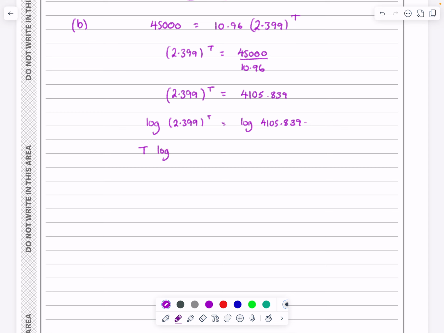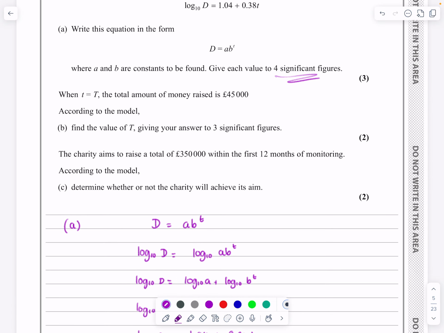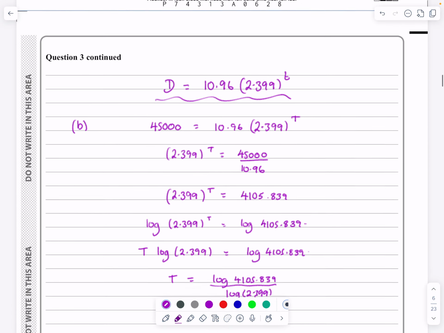So we get t log 2.399 is equal to log 4105.839. And so t is equal to one of them divided by the other one. It takes me a time to write it down. And again, let's just check the number of decimal places, or give me your answer to 3 significant figures.